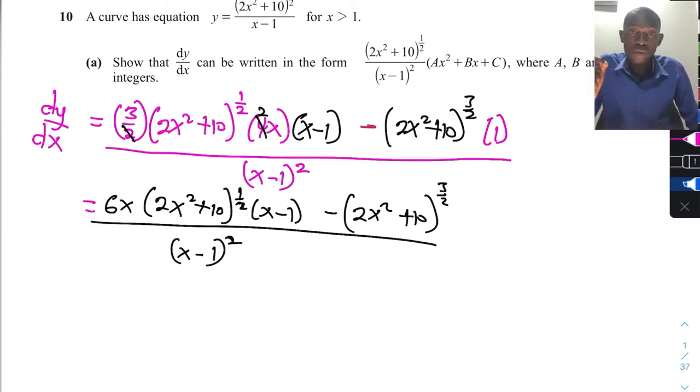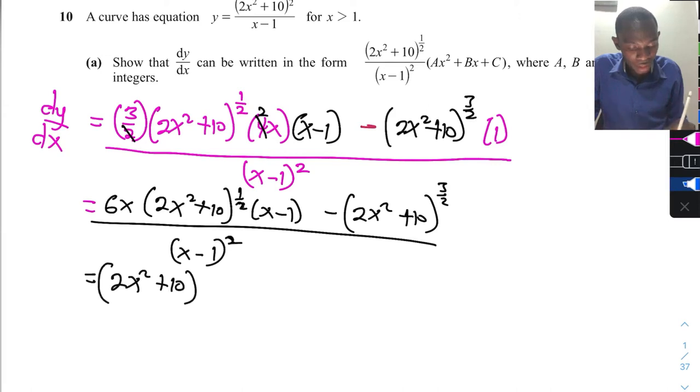Now the question wants you to have 2x squared plus 10 all raised to the power half, so that should be a common factor. You can factorize this function and that function. So if I pull out 2x squared plus 10 all to the power half, what will be left here is 6x into bracket x minus 1.